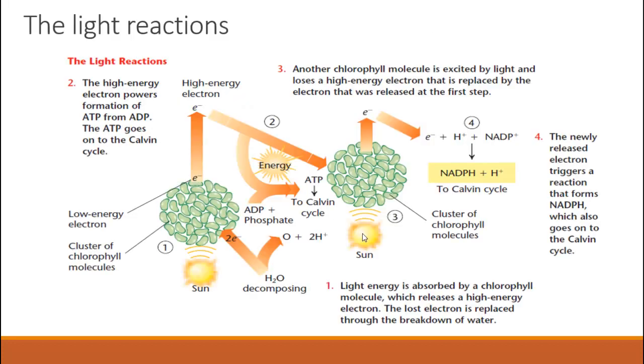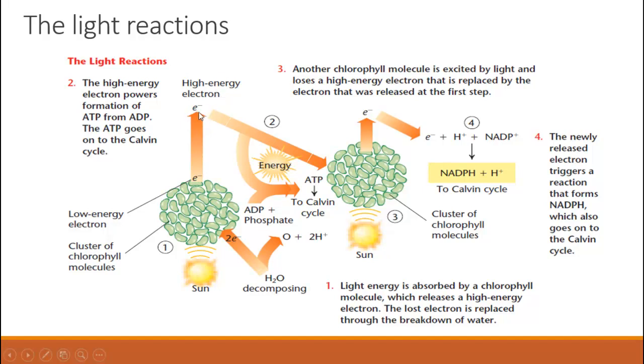First, the light reactions. This diagram shows how the light reaction occurs. When light reaches a chlorophyll molecule, the energy of the light is absorbed, and the energy excites electrons in the molecule. A high energy electron is released from the chlorophyll and transfers its energy to a molecule of ADP.